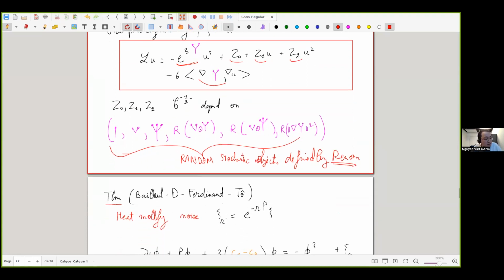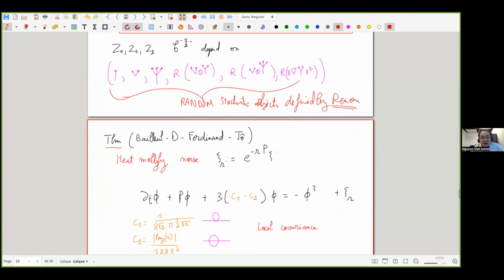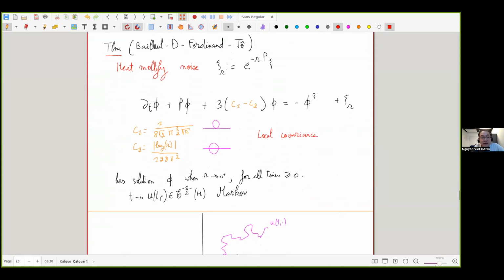So let me finish the talk by stating the main theorem that we prove. If you mollify your noise by the heat kernel, that is, by applying the heat operator to it, I call it psi R, where R is your cutoff, then you have to modify your PDE.